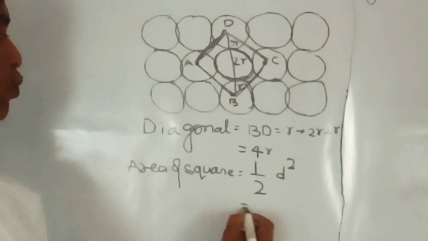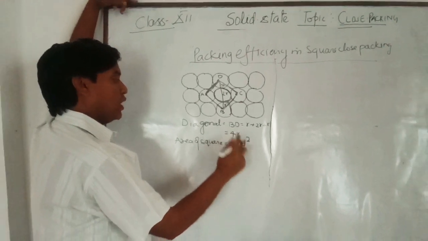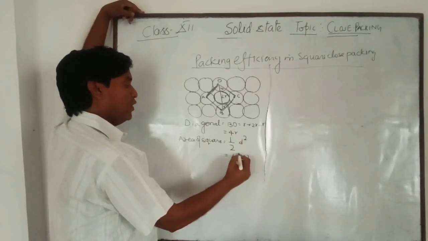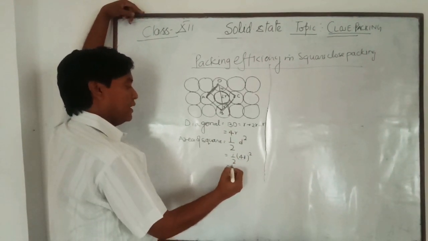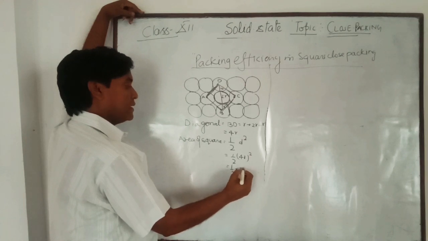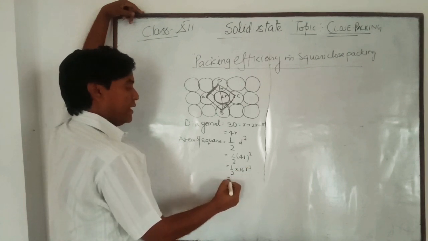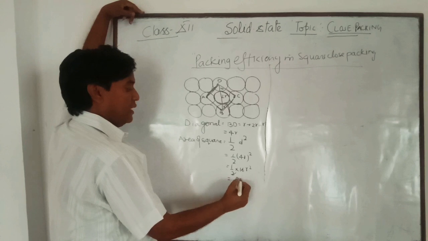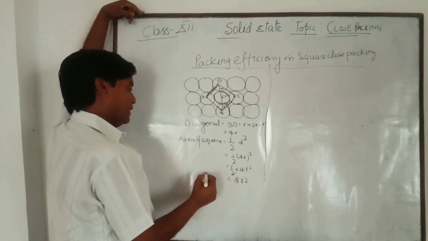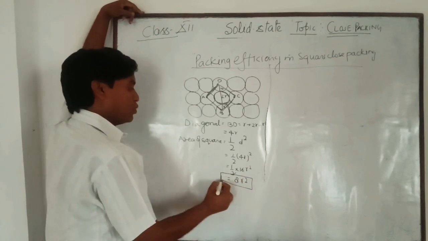Now 1 by 2, the diagonal is 4R. We can say 4R whole square, that is 1 upon 2 into 16R square, and that is 8R square. That is the area of the square.